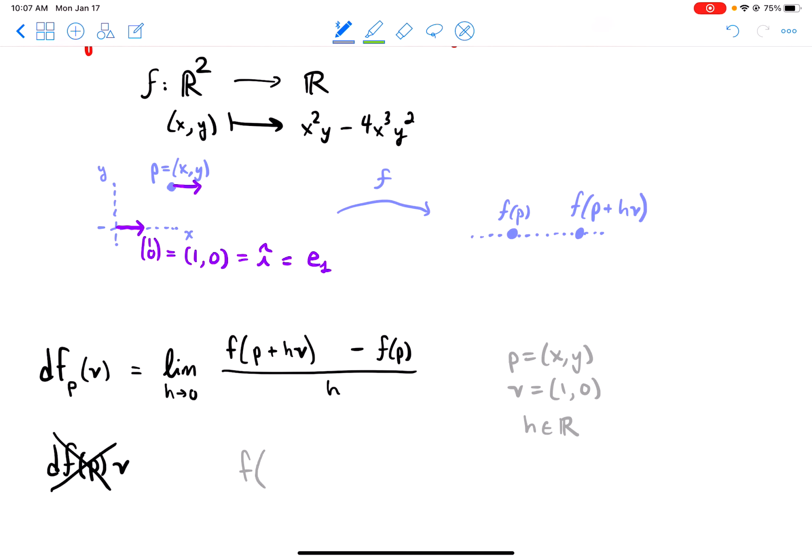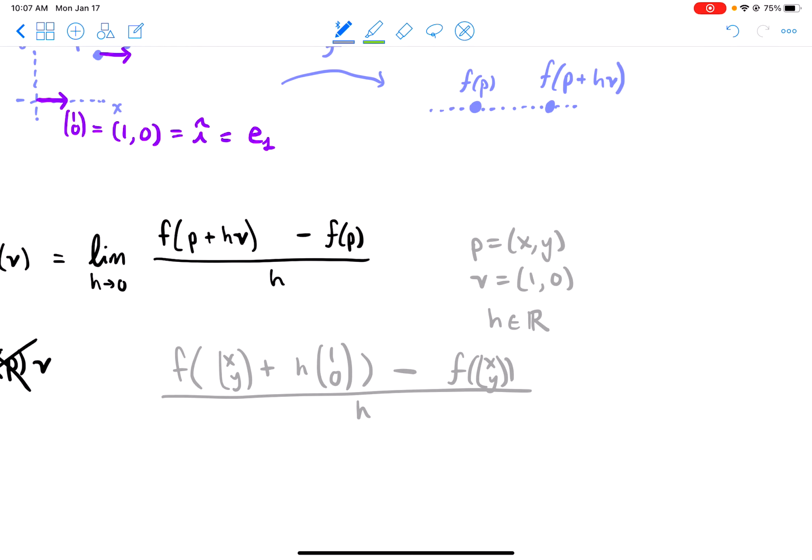So f of, okay, p is, let's write our vectors vertically. x, y, plus some real number in the motion 1, 0, minus f of x, y. And then divide by h. Okay, so now let's just add these vectors. So right here, we're going to add these vectors.